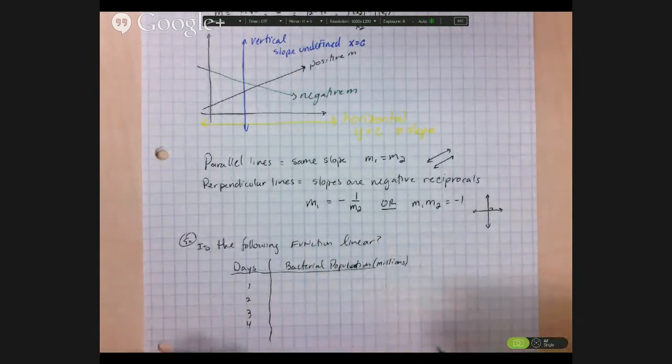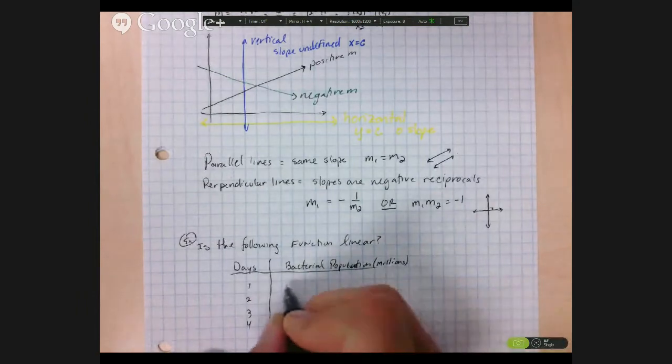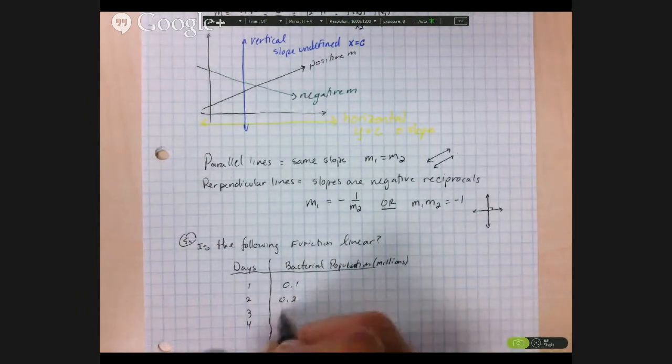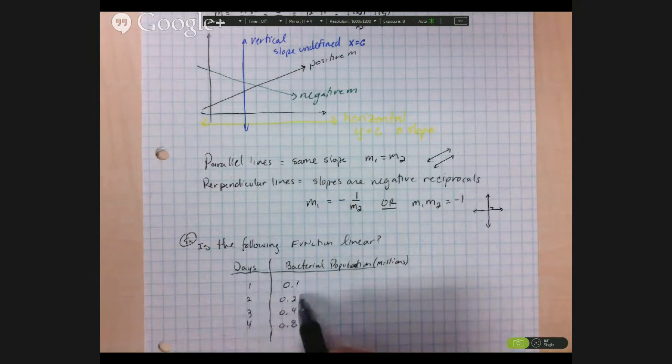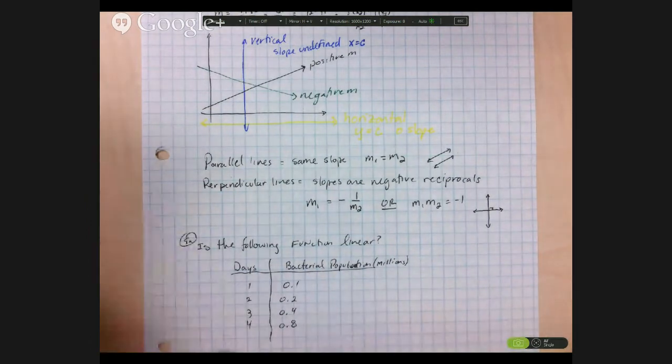And we'll just put that in millions. Okay. Is that linear? Hopefully you can look at it and see that up 1, up 0.1, up 1, up 0.2, it violates the rules of a linear relationship.